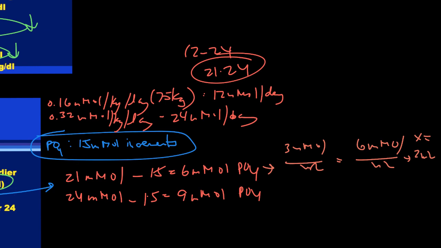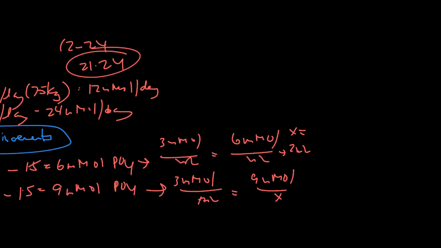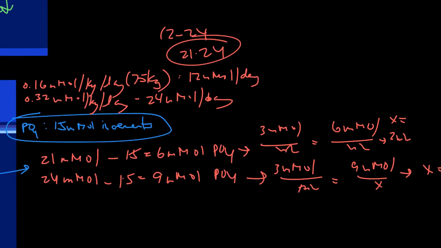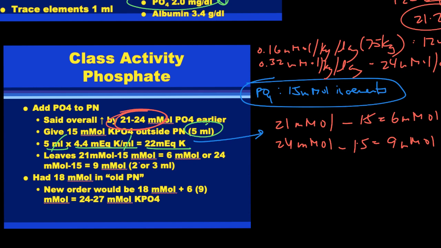For X milliliters with 9 millimoles, at a 3 millimole concentration, solve for X. X gives you 3. So that's how she got that, 2 and 3.